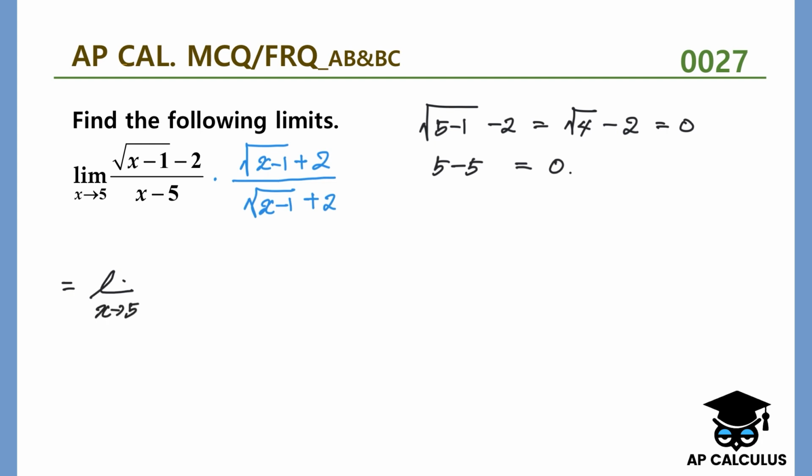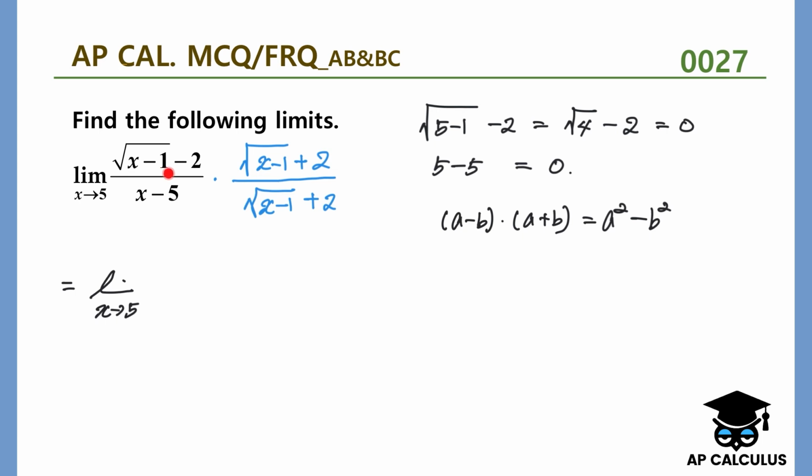We're using this formula right here: a minus b times a plus b is equal to a squared minus b squared. So this expression, a minus b times a plus b, is going to be equal to a squared minus b squared.